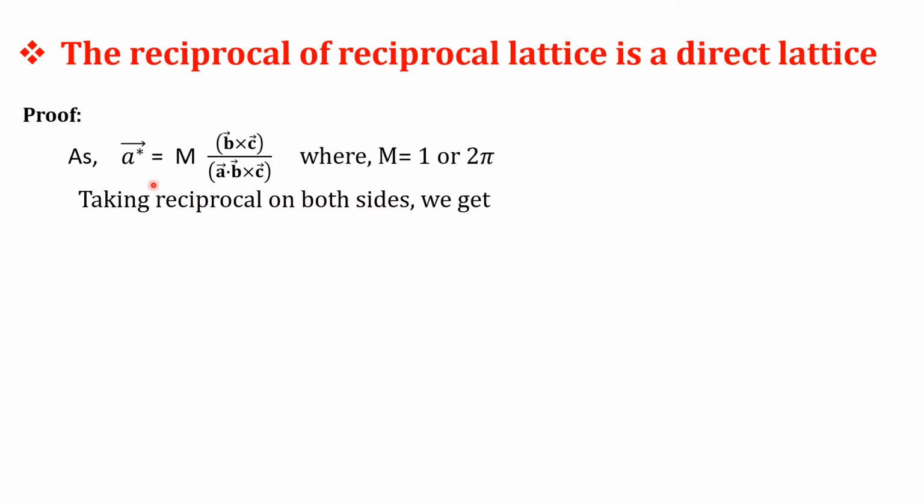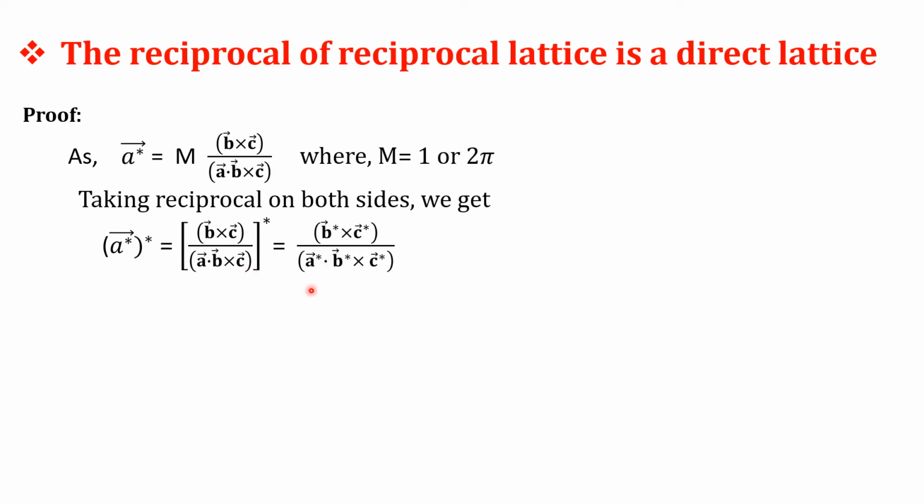Then we take the reciprocal on both sides of the equation. Therefore, the equation becomes vector A star bracket star equal to B cross C divided by A dot B cross C, with the star taken on each. Simplifying, the equation becomes vector B star cross vector C star divided by vector A star dot vector B star cross vector C star.